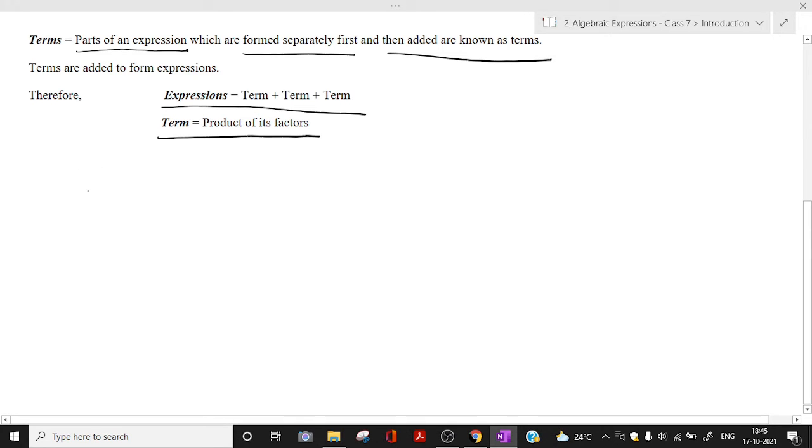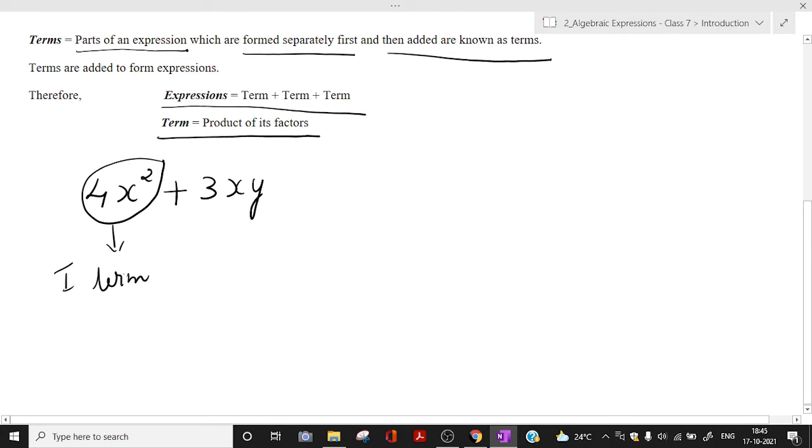So parts of an expression which are formed separately first and then added are known as terms. Now suppose in case I write 4x squared plus 3xy. This particular expression has 2 terms. So we have 4x squared, which is the first term, and then we have 3xy, which is the second term.